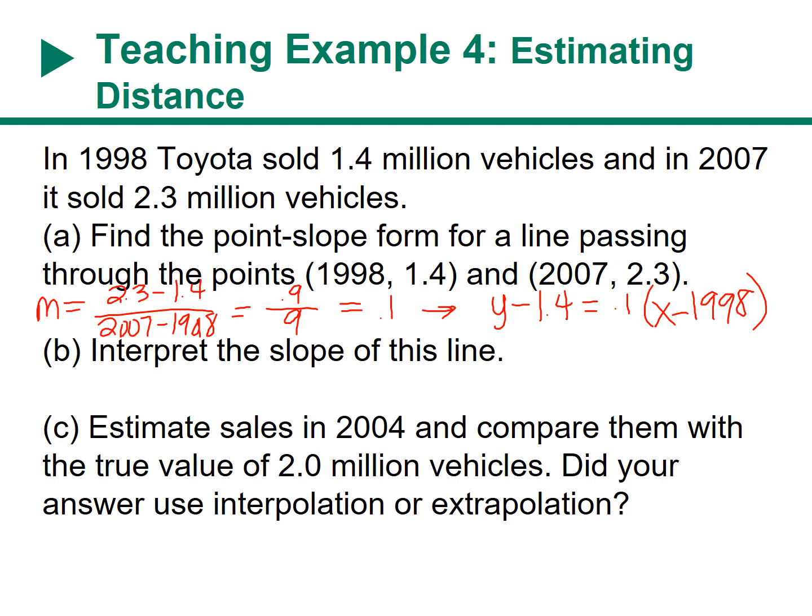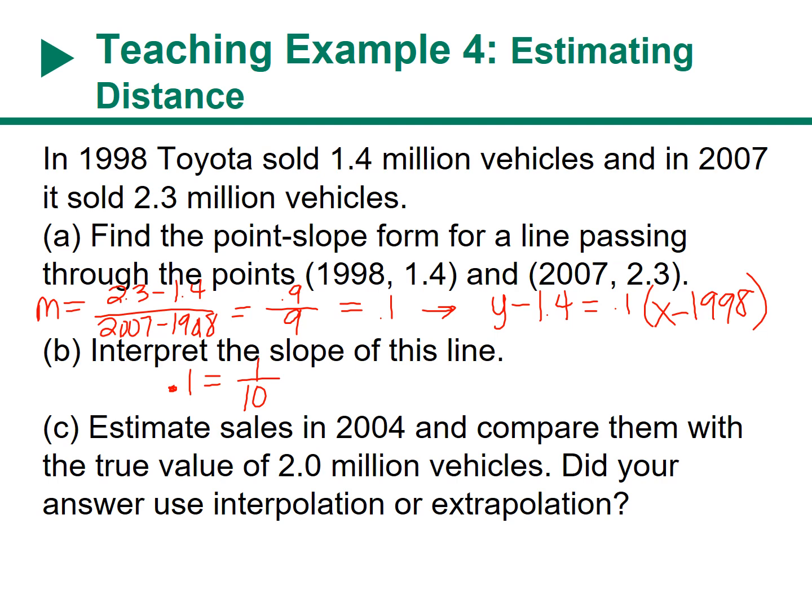It wants us to interpret the slope of this line. So 0.1, right here, that's our slope. 0.1 as a fraction is the same thing as 1 out of 10. What does the numerator represent? The vehicles. It represents millions of vehicles, the number of vehicles being sold.